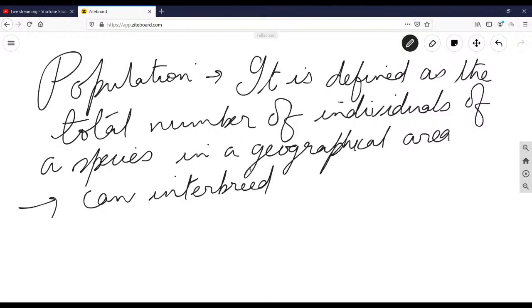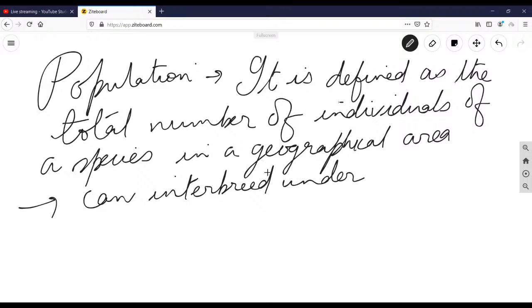which means they can mate under natural conditions, because I have told you once speciation happens, the two different species cannot mate, and even if they can mate, they cannot ever produce viable and fertile offspring, right?